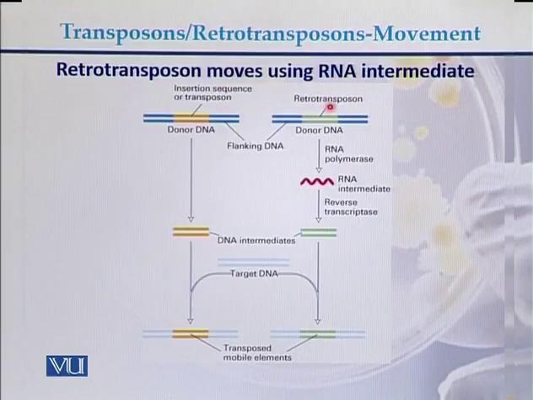In the case of retrotransposons, the intermediate is RNA. So here is the retrotransposon, and this retrotransposon is producing RNA. This RNA, with the help of reverse transcriptase, is converted into cDNA or DNA, and it integrates at another location of the genome. So this is how transposons move by using DNA, and retrotransposons move by using RNA as the intermediate.